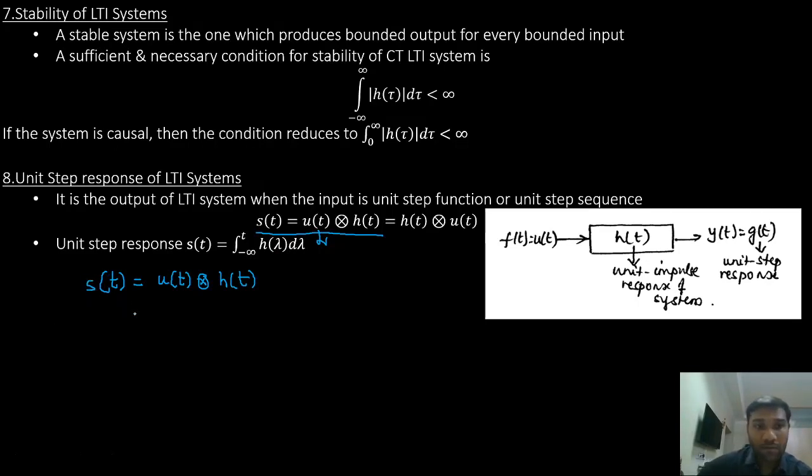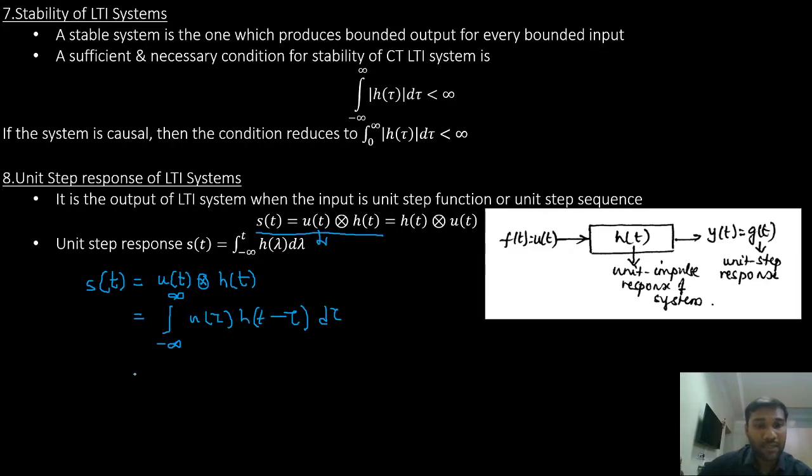Now if I convolve these two, these are continuous time functions u of t and h of t. Now what is the convolution formula? Minus infinity to plus infinity, u of tau, h of t minus tau, d tau.